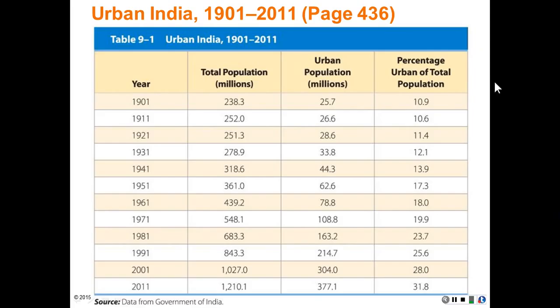We've seen in the past century, the urban population percentage has grown from 10 or 11% to 32%. The urban population has grown to about a quarter of total population, and we see, of course, the drastic increase in the population that we noted earlier during our discussion in demographics.